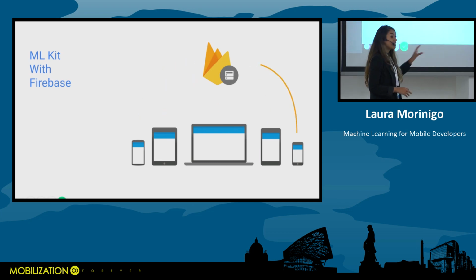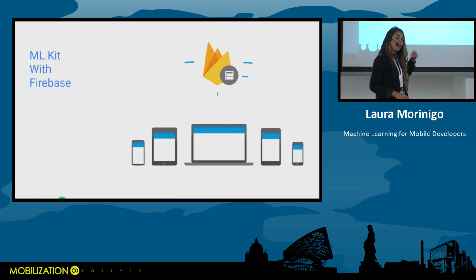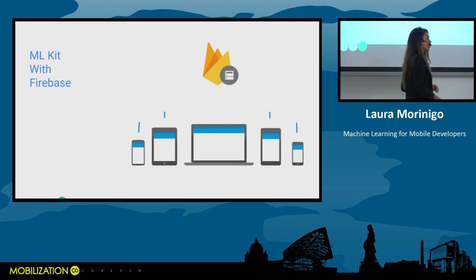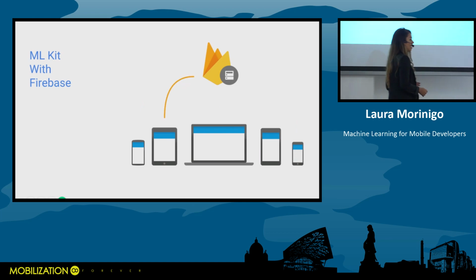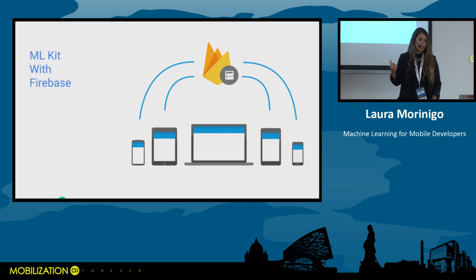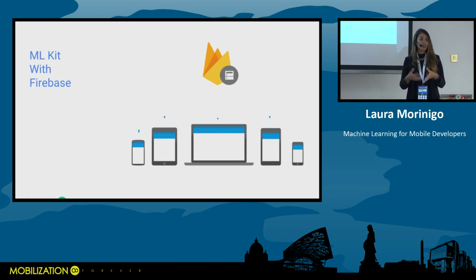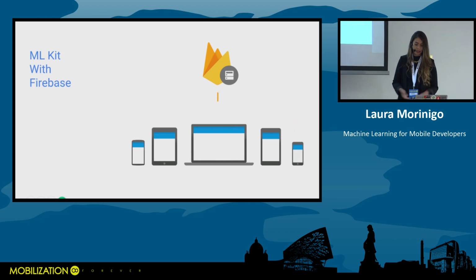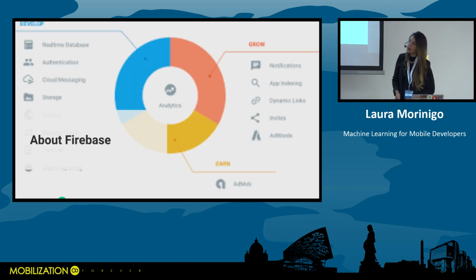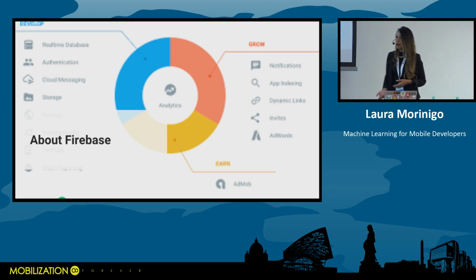And Machine Learning Kit is part of the Firebase platform. So besides having Machine Learning Kit in the platform, you can combine different functions. If you already know something about Firebase, as I mentioned before, it's a really cool platform.